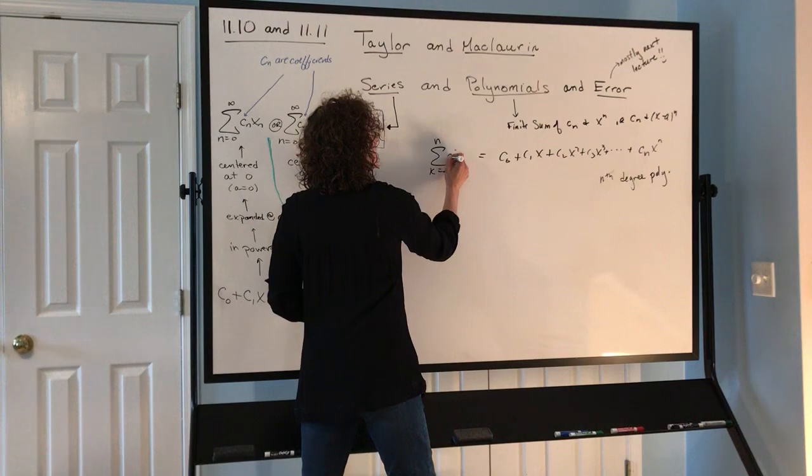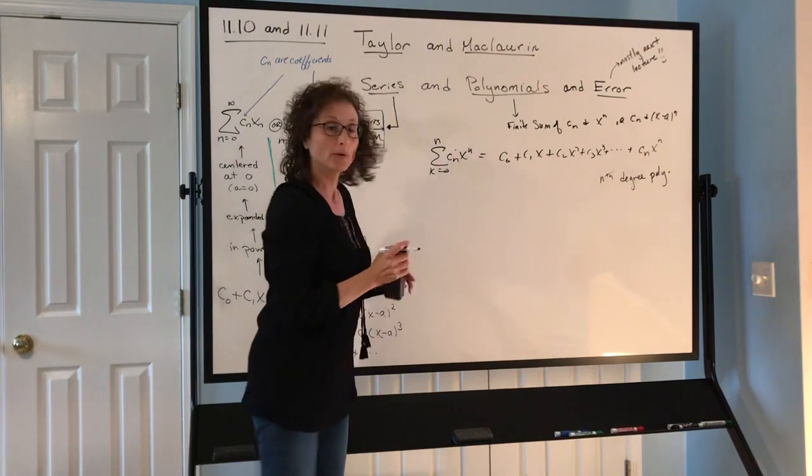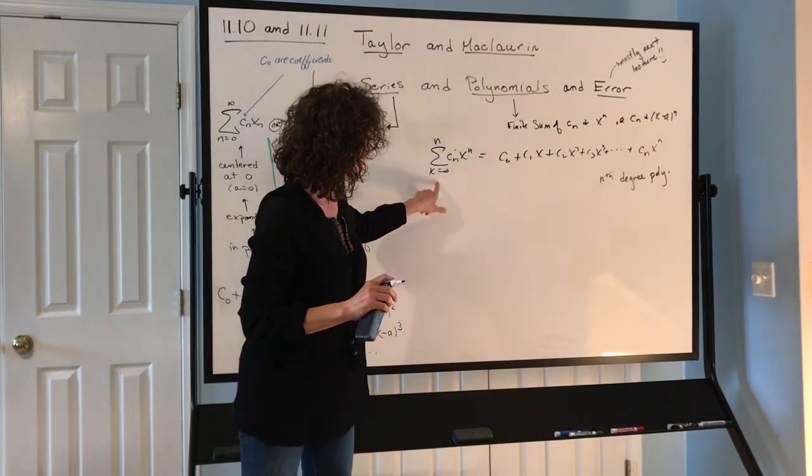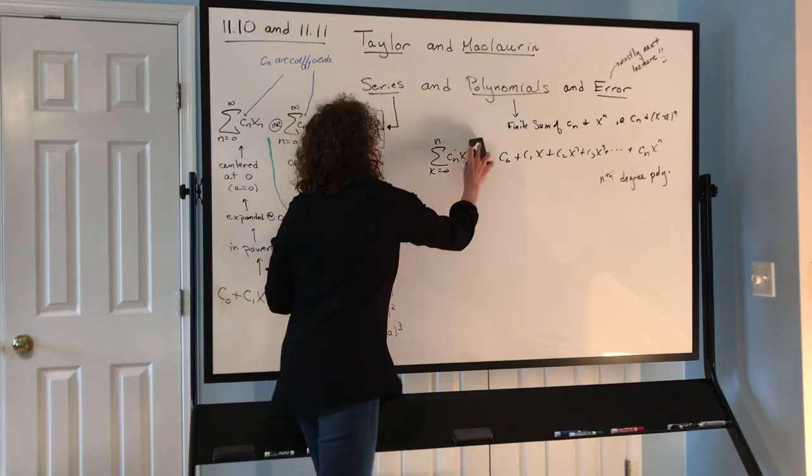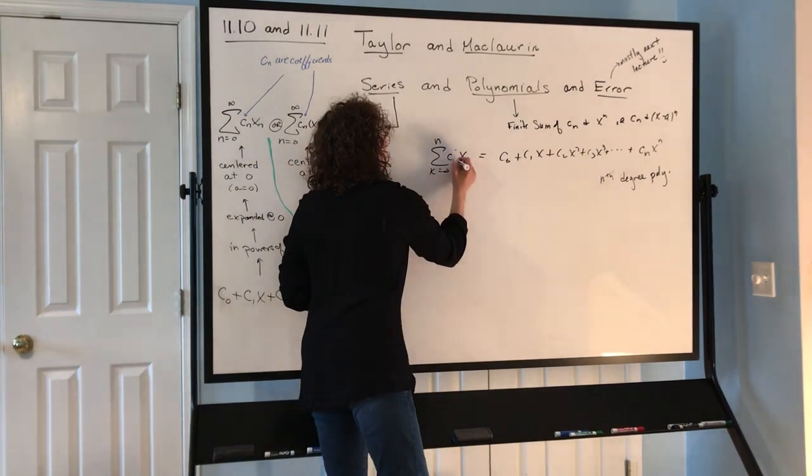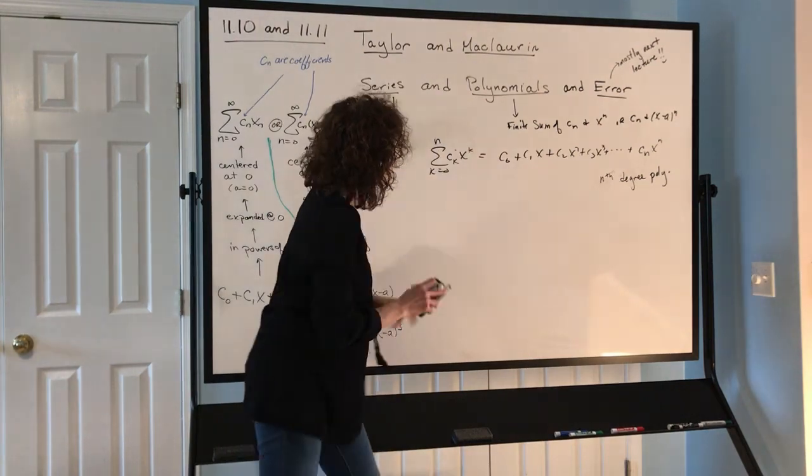I would stop at n, c_k x to the k. When n is 0, I get c0, or when k is 0, c_k x to the k.